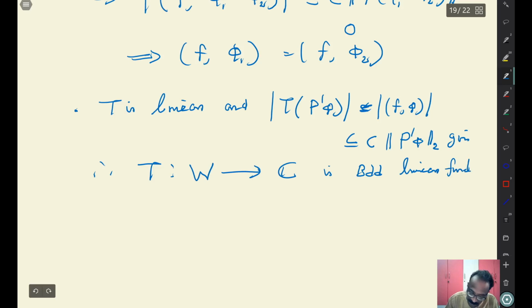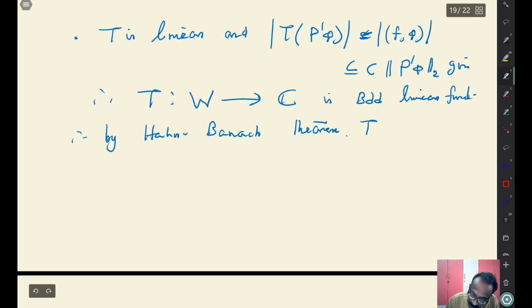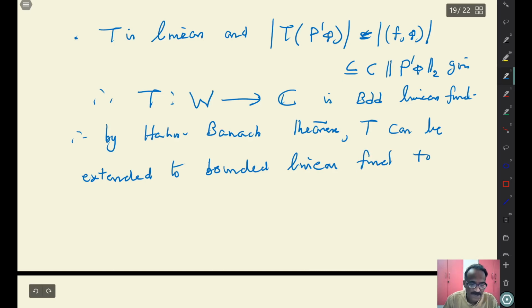Therefore, by the Hahn-Banach theorem, T can be extended to a continuous linear functional, continuous or bounded, both are the same, on L2 of omega.